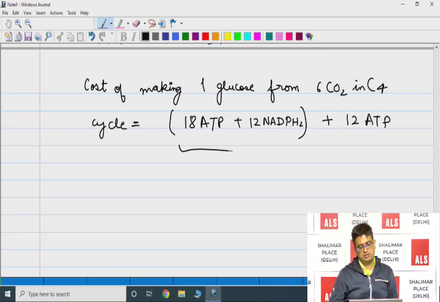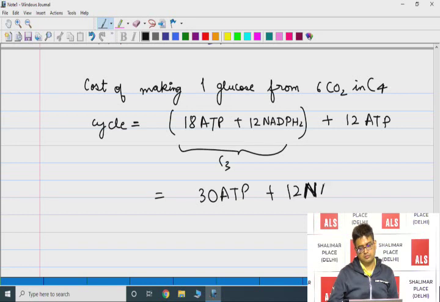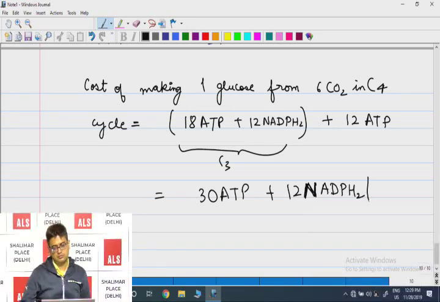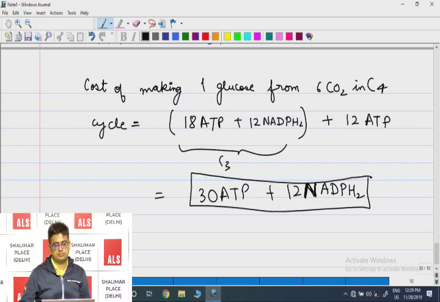So total it comes to 30 ATP plus 12 NADPH2. This is the cost.